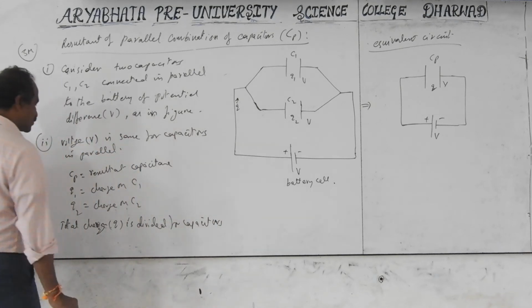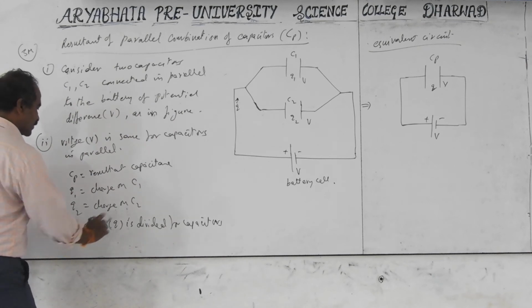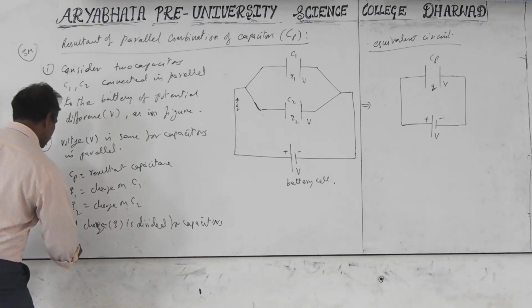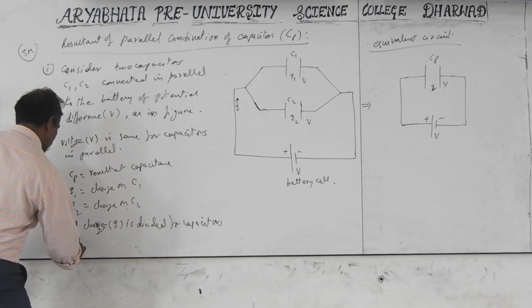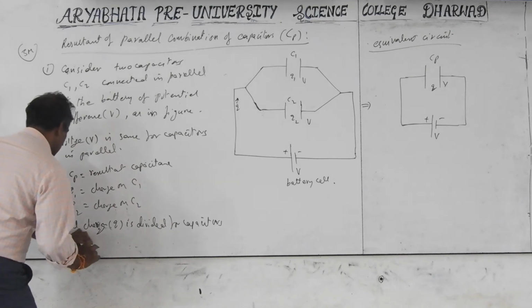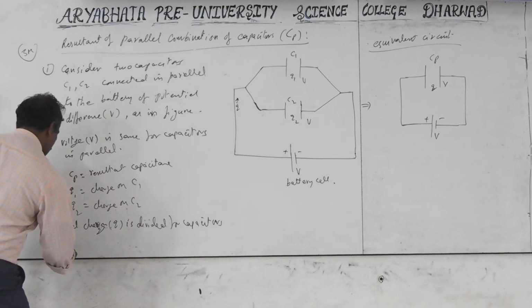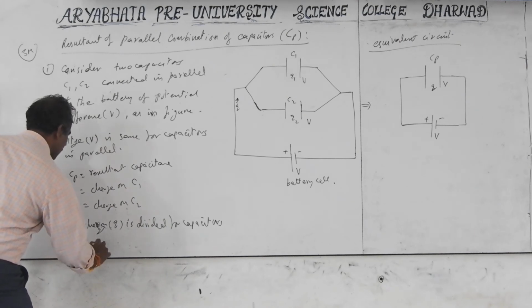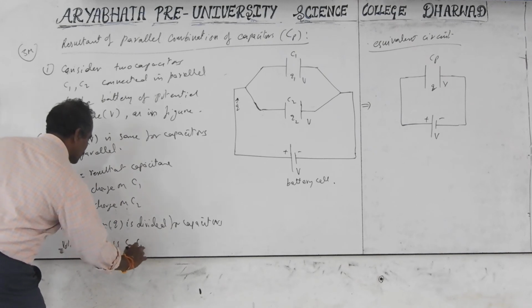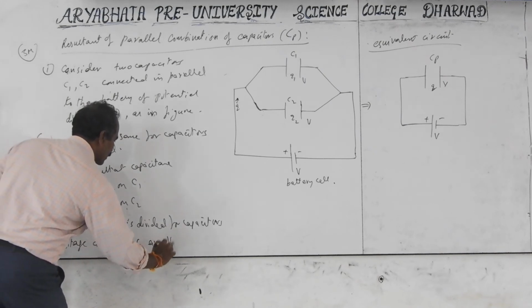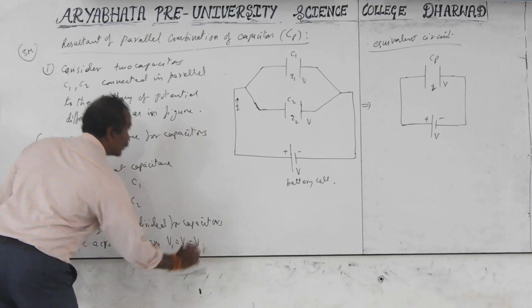That means Q is equal to Q1 plus Q2. And V1, V2 are the voltages across C1, C2, or V1 equal to V2 equal to V.